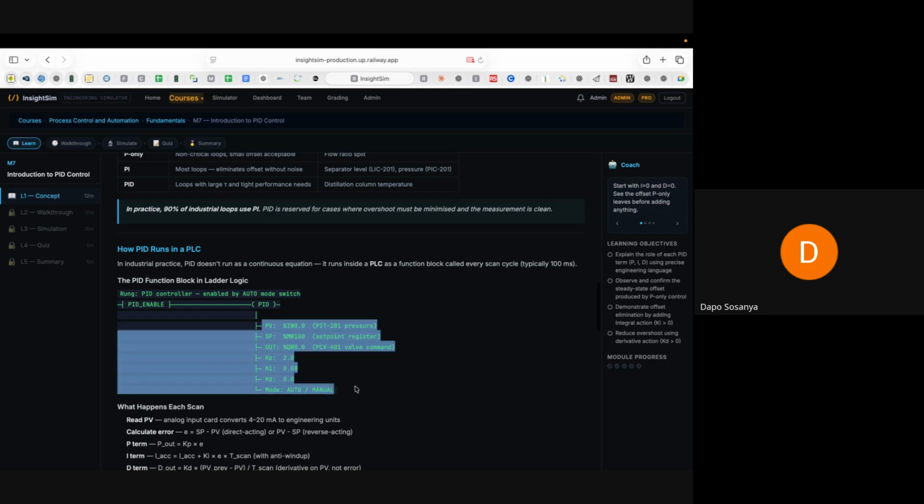Each company implemented the function block in specific ways, and I always refer to that as marketing. The difference in the function block across these organizations is essentially a function of marketing because, for example, I used to work for Rockwell Automation, and we call our own PIDE, PID enhanced.